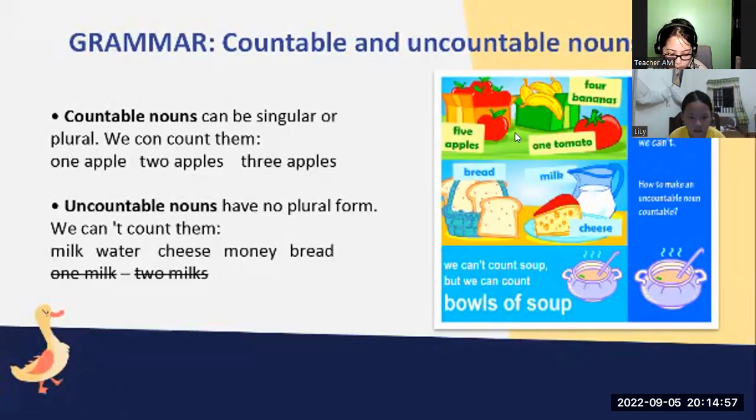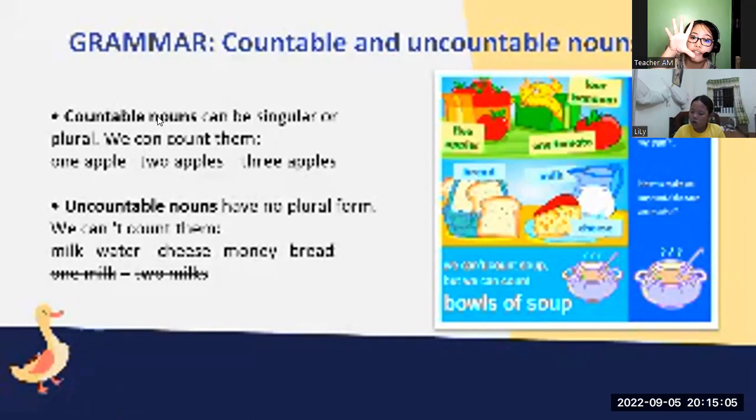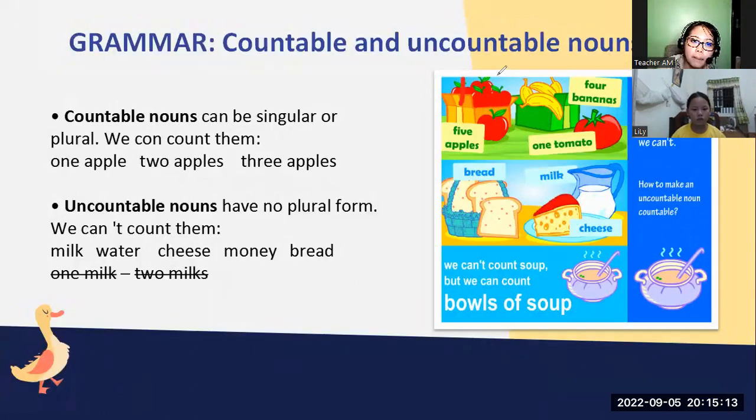It's plural because it has S. When you say plural, that means two or more than two. Two, three, four, five. That's plural. Just like the apples, one apple, two apples, three, four, and five. There are five apples. That means apples is plural.